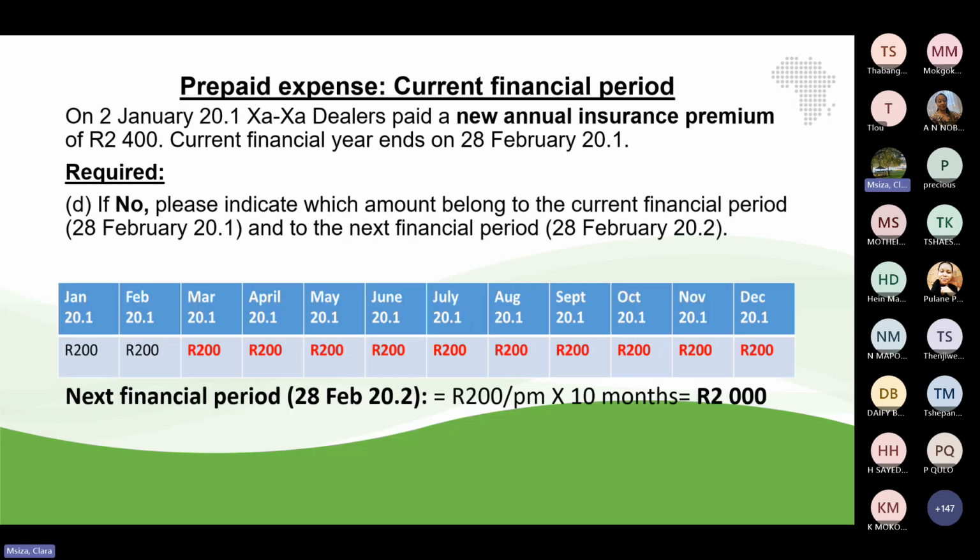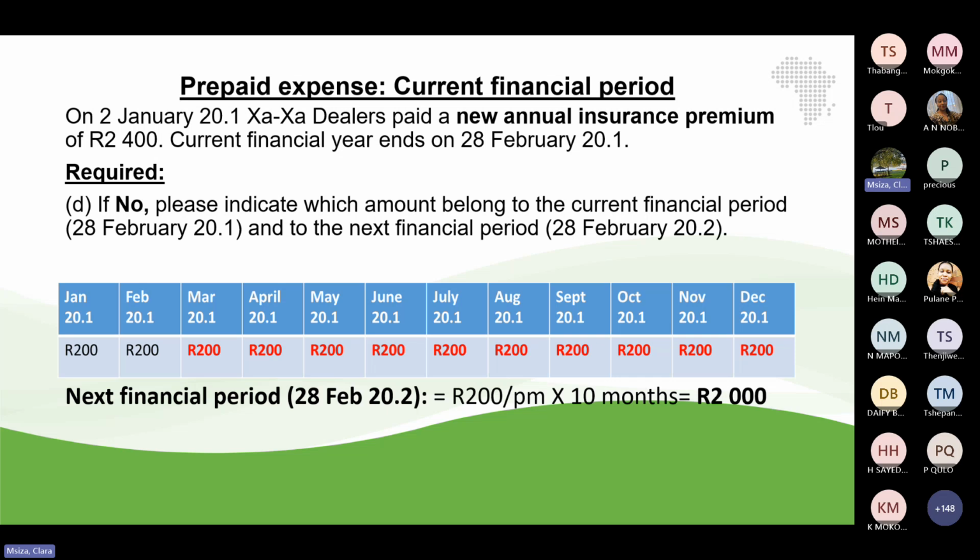We have discussed. We have shown you that there's 2 months. Hence, we have 200 multiplied by 2 for Jan and Feb. And this is how the timelines look like that you need to do. Make sure that you learn.